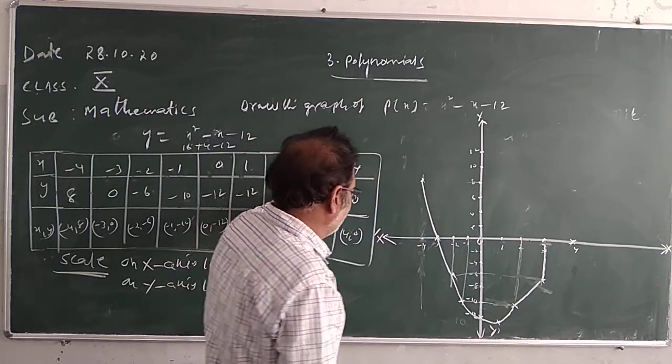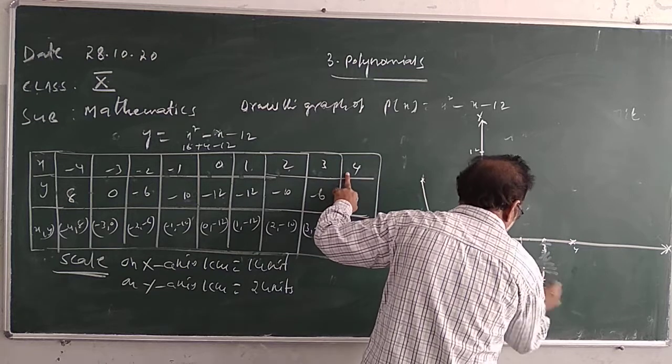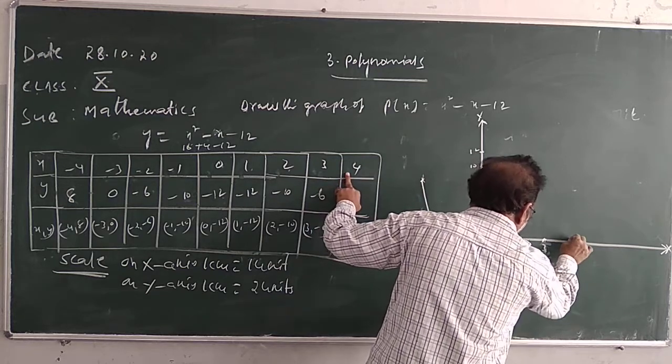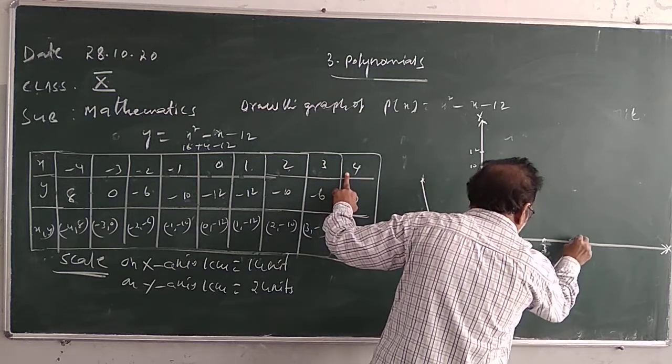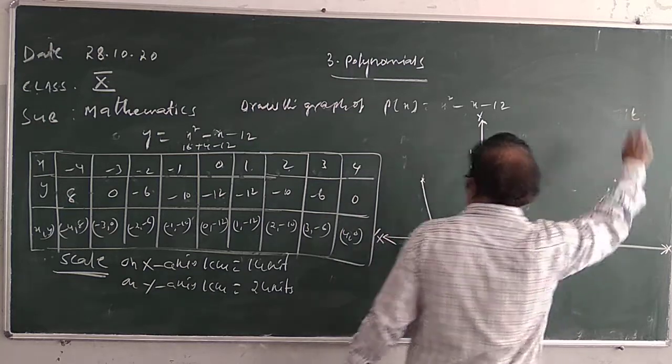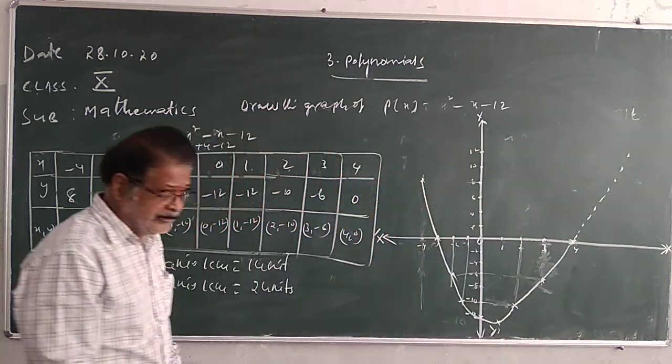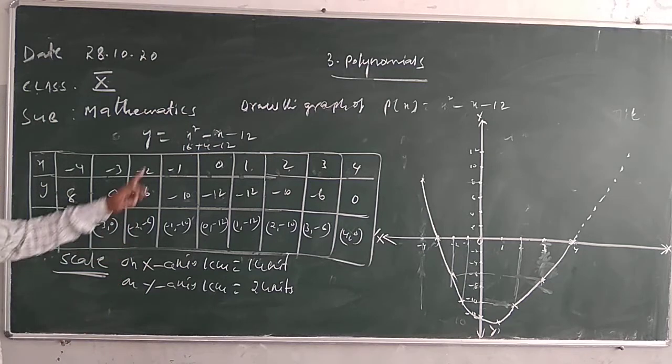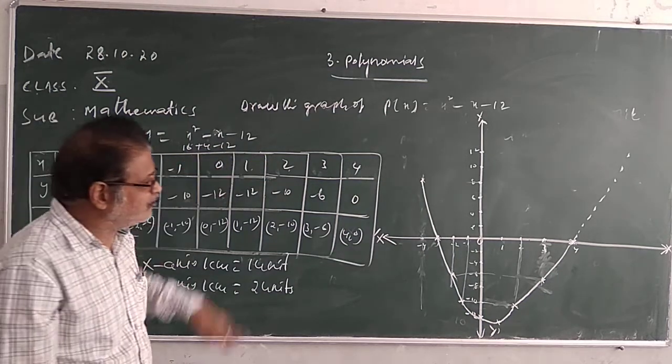Minus 6, 4, 0. This is extended indefinitely. So this is the graph of y is equal to x square minus x minus 12.